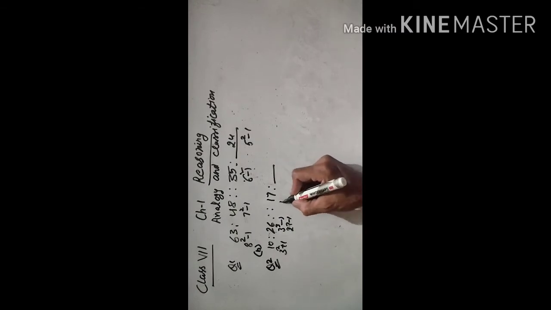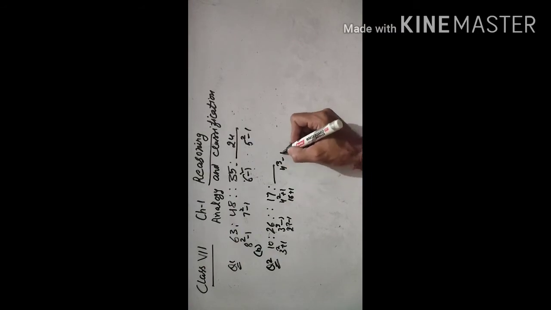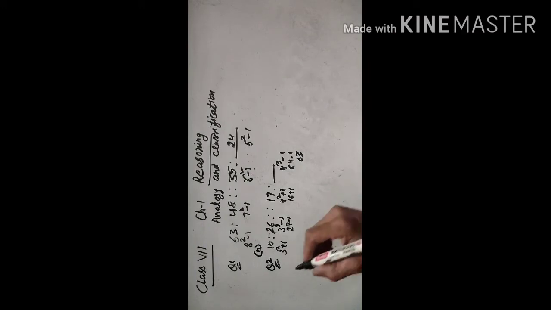Here 4 square plus 1, that is 16 plus 1, 17. Here 4 cube minus 1, 4 cube is 64 minus 1, 63 is the answer. Now 63 is option D. So in question 2 D is the option.